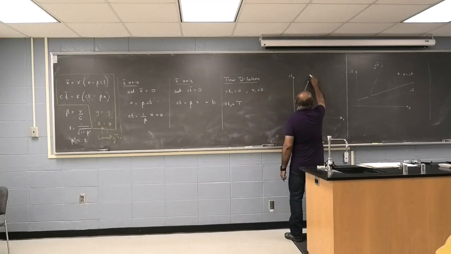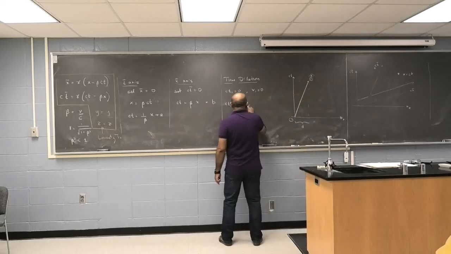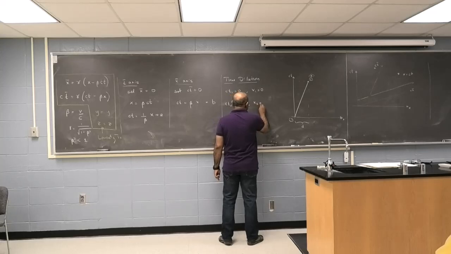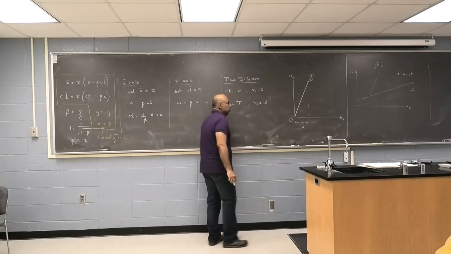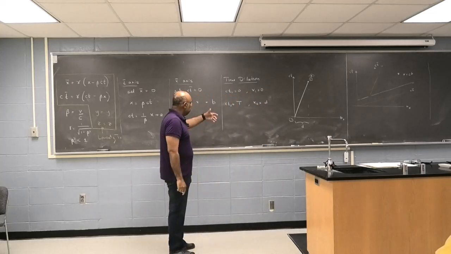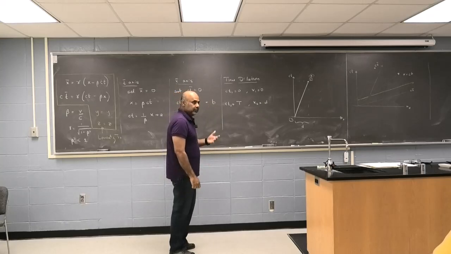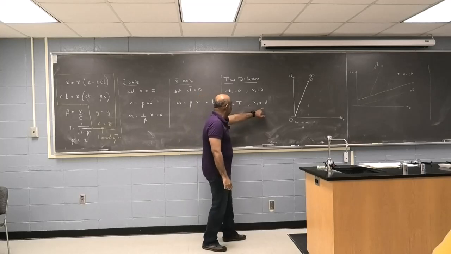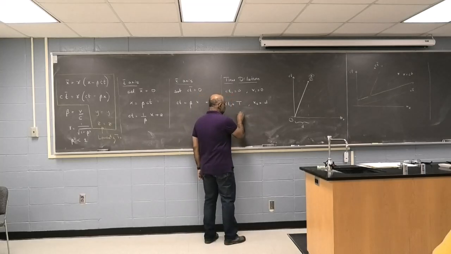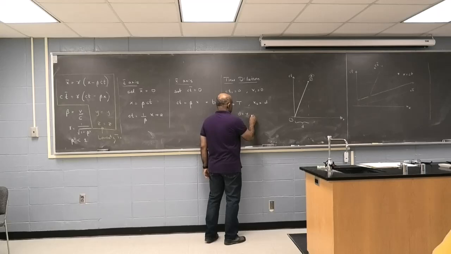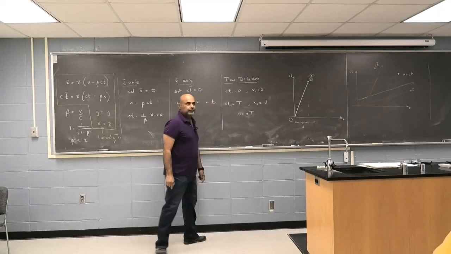Doesn't look like a galaxy now, does it? And I would have x2 equals some distance. And this rocket ship is moving with the speed v. If it is moving with the speed v, time and distance are related by a simple formula.